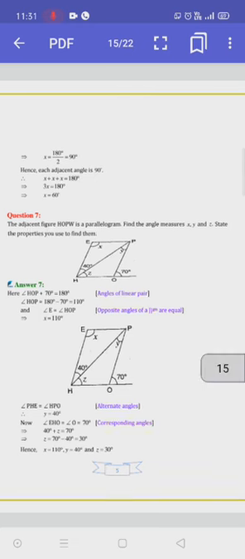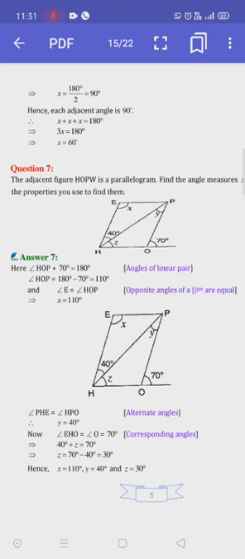Okay, so first you see, angle HOP plus 70 are forming a linear pair, because HOP is the interior angle and the other part at O is the exterior angle. Both are forming a linear pair. So the sum of these two angles will be 180. So angle HOP plus 70 equals 180.